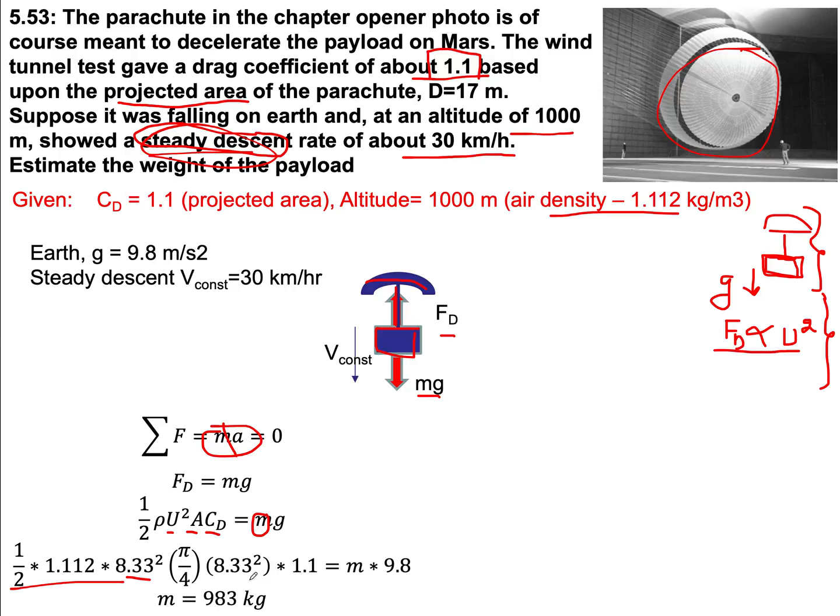And this is CD, half rho u squared, so it's only one, it's repeated, and that's equal to the weight. So you can get the weight to be 0.98 tons, or 980 kilograms.